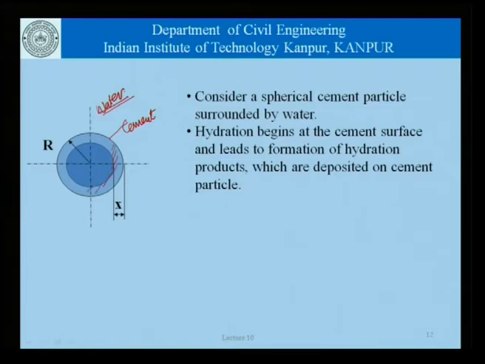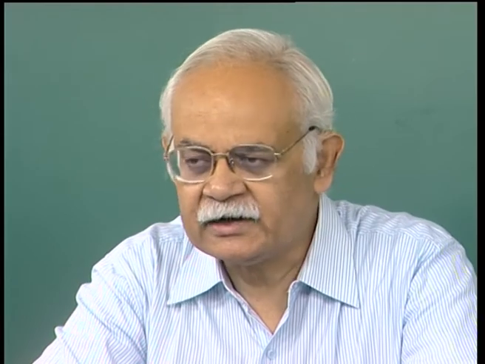This portion here is the portion where you may say reaction has taken place or the hydration has taken place, and the cement particle has now shrunk to the size which is shown here, and this is the volume of hydration products, which is just a shade smaller than the cement particle and the water volume together.